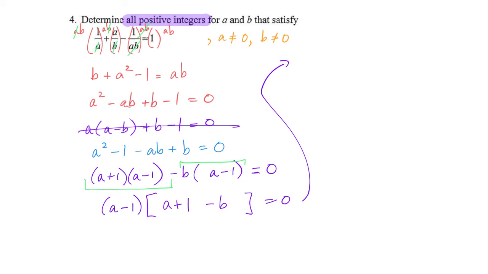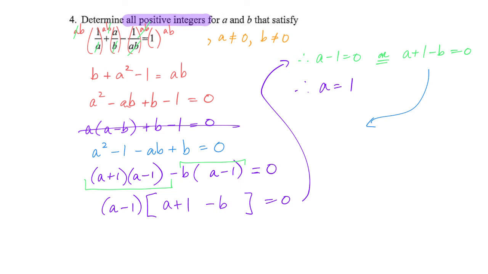So you can choose to put this line in if you like, that a minus 1 must equal 0, or a plus 1 minus b must equal 0. Now, for most of us, we're going to skip that line, and we can probably jump straight to a, therefore a equals 1. So I have a solution there. I take a look at my next equation, and I don't even really know how I want to write that.